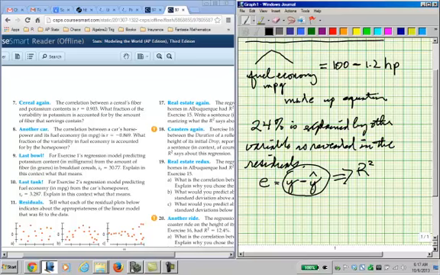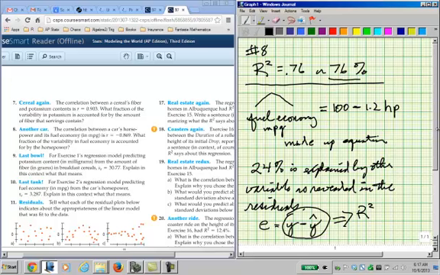Anyway, so the short answer to 8, what fraction of the variability in fuel economy is accounted for by the horsepower? The answer is 76% of the variability in fuel economy is accounted for by the horsepower.